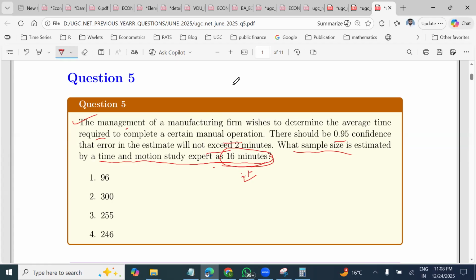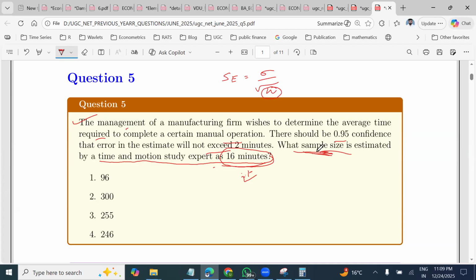How do you calculate standard error? Standard error is basically standard deviation divided by root n. Now our focus is on n only, right? Sample size. Are you getting my point?